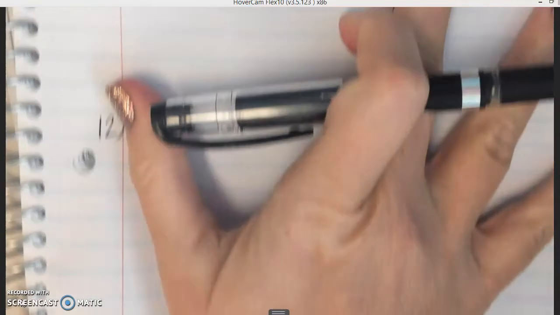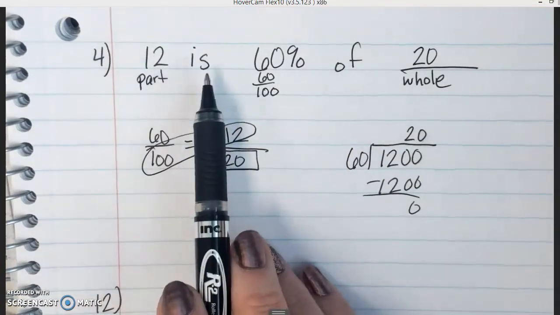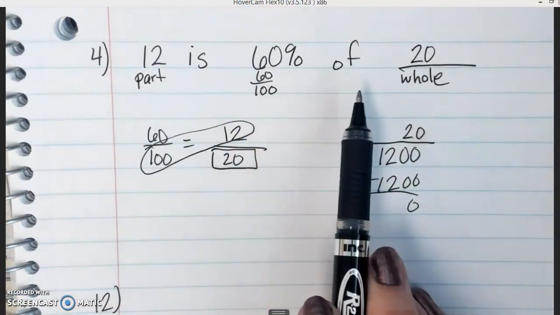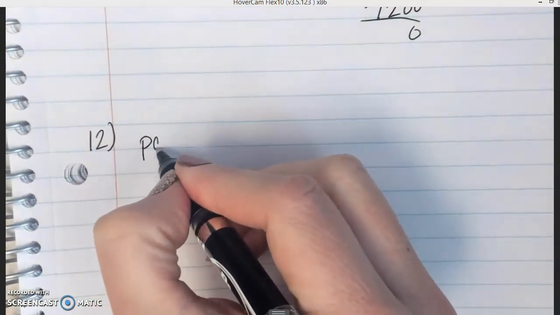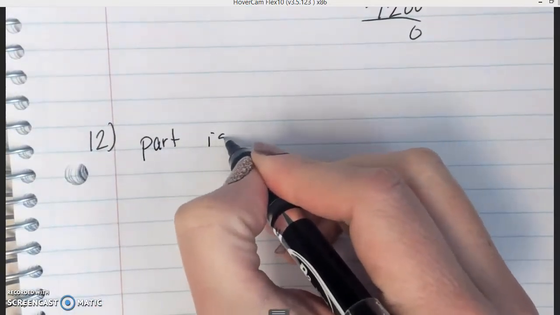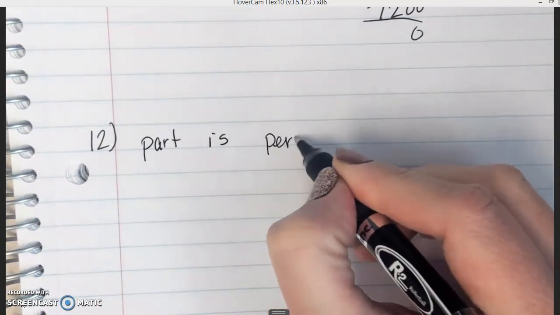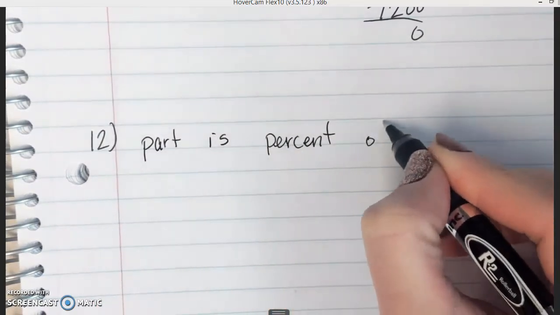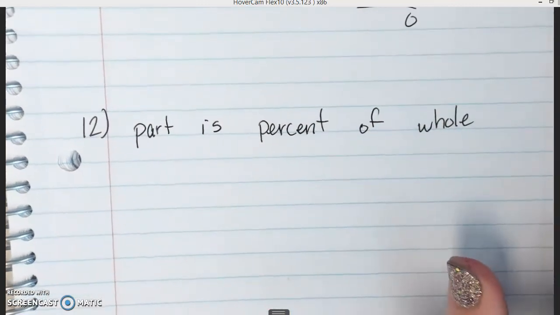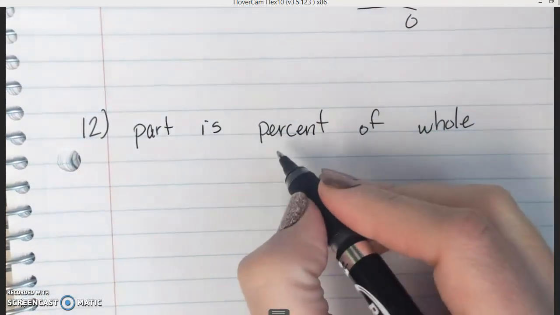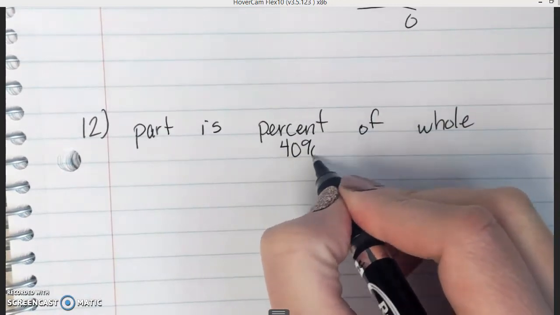So remember, when we've been working these, we've had the part is, then we've had our percent of the whole. So here the part is going to be our percent, of the whole. Okay? So 40% would be this part right here, right?